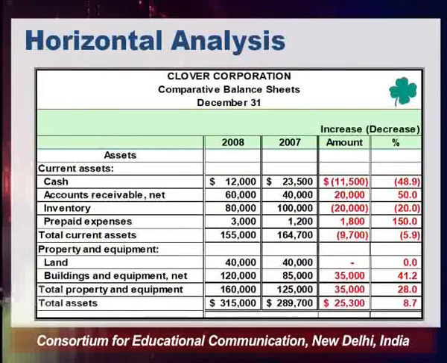The fourth column is talking about the absolute change. You simply subtract the value of 2007 from the year 2008. Here 2008 is my current year, right? And 2007 is my previous year. So from the current year we have subtracted the previous year figures, and the difference is taken as the change, absolute change.